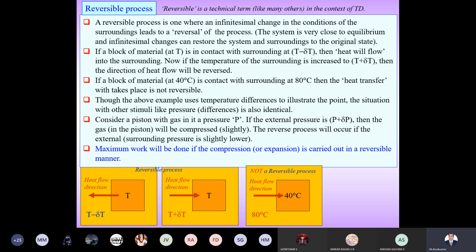Again it will try to come back to its original position. That is called a reversible process.